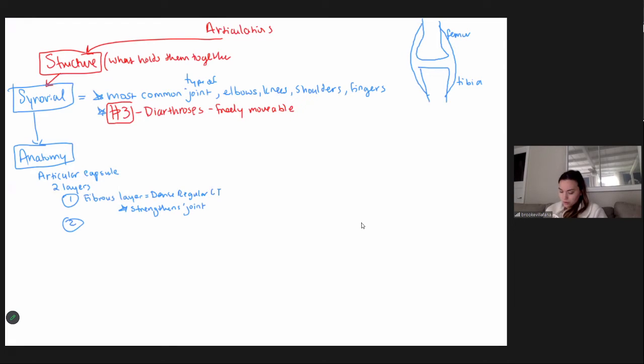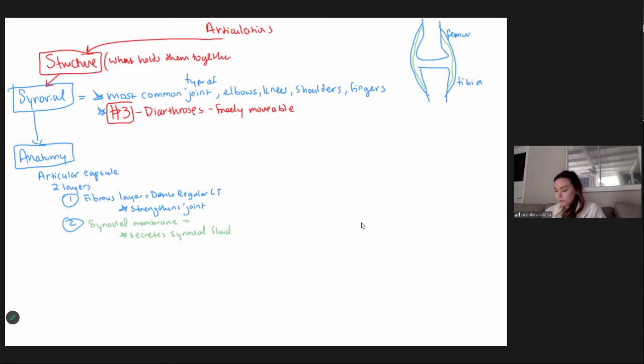Let's do green, is our synovial membrane. Okay, and our synovial membrane secretes synovial fluid. So if we draw this on here, maybe we have 2 layers and we picture the outside is that blue fibrous and the inside is our synovial membrane.